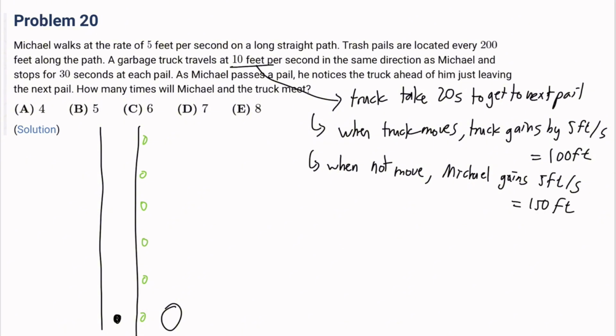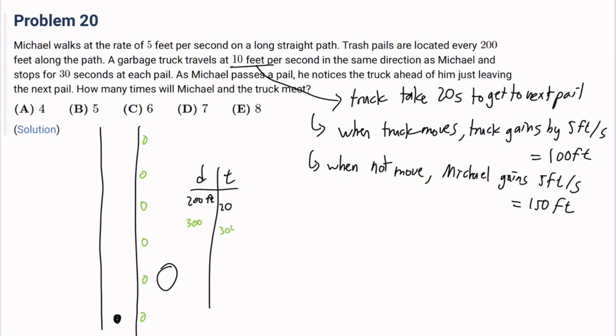And so now if we put a distance and time table, at the first meeting, he notices the truck ahead of him just leaving, so their distance between them right now is 200 feet. 20 seconds later, the truck gains by 100 feet, so their distance will increase by 100 feet, which is 300 feet, right?